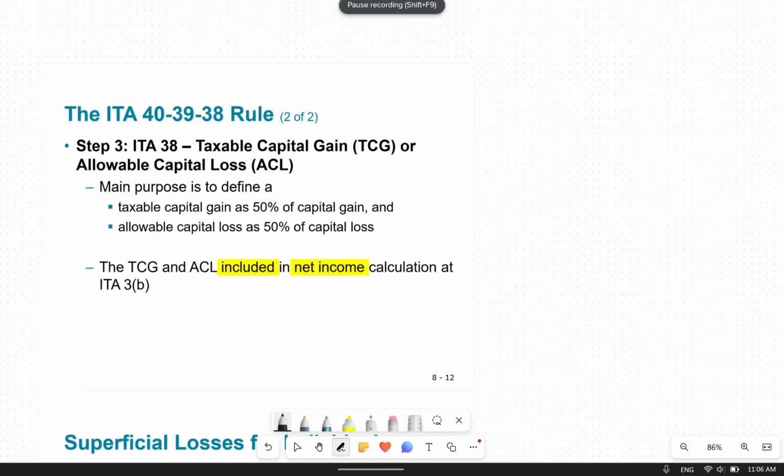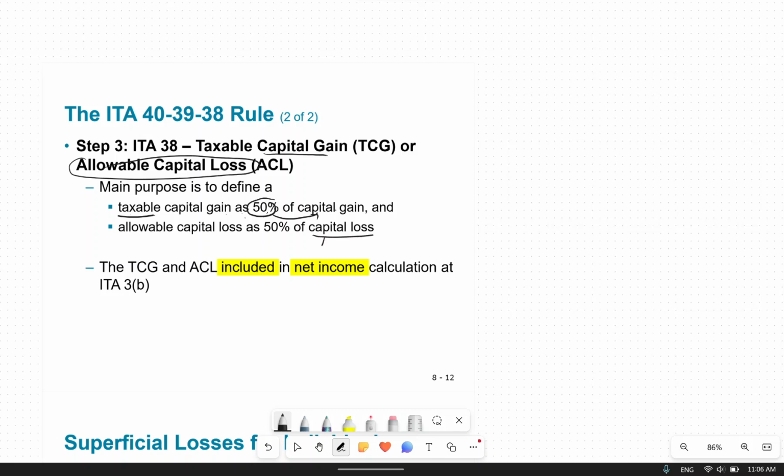Step number 3, if you have a taxable capital gain or allowable capital loss. Taxable capital gain is 50% of your capital gain. So whatever your gain is, multiply by 50%, you get the taxable capital gain.